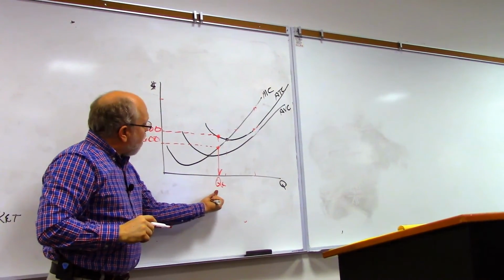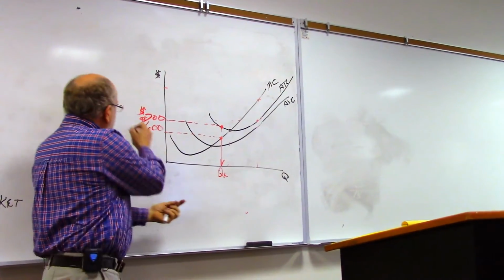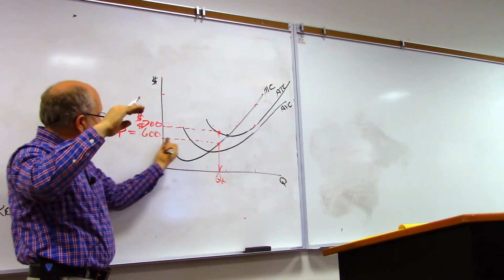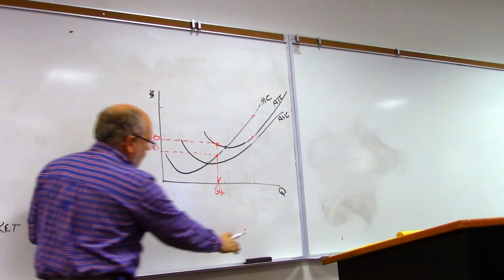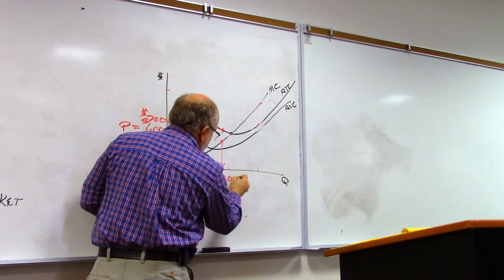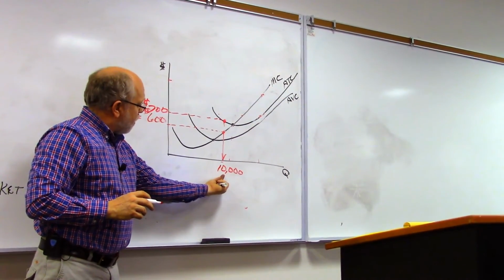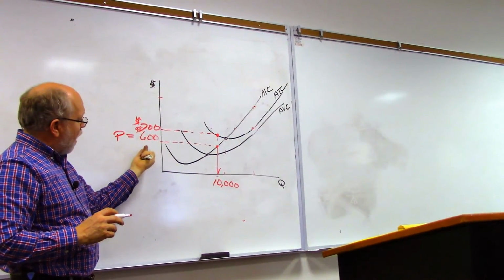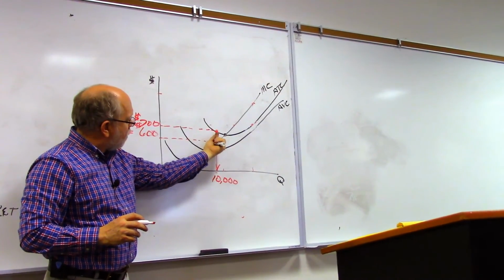So at this output, our average total cost is $700, but our price level has been driven all the way down to $600. Therefore, we're taking a $100 loss. Let's put a number on this one down here. Let's say we're making 10,000 of these units. We're making 10,000 units right here at a price of $600, and we're taking a loss because the price at this output is below our average total cost.